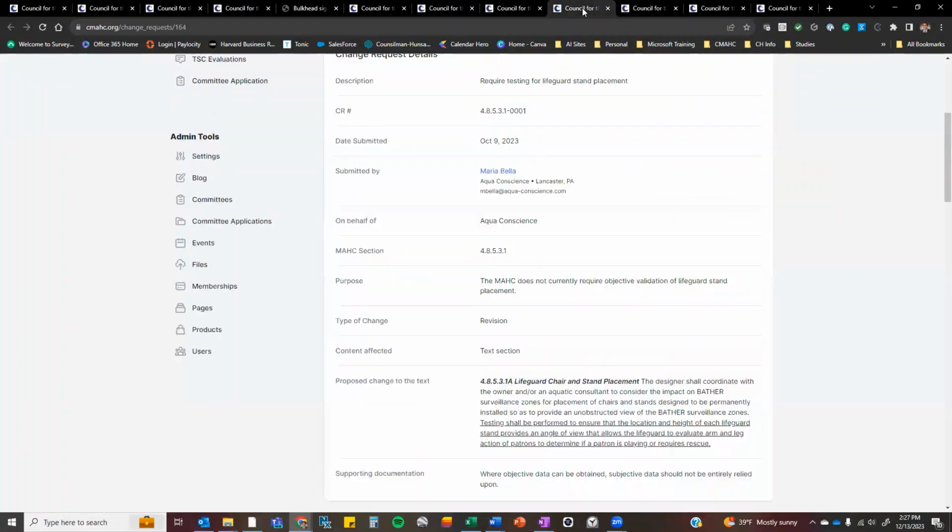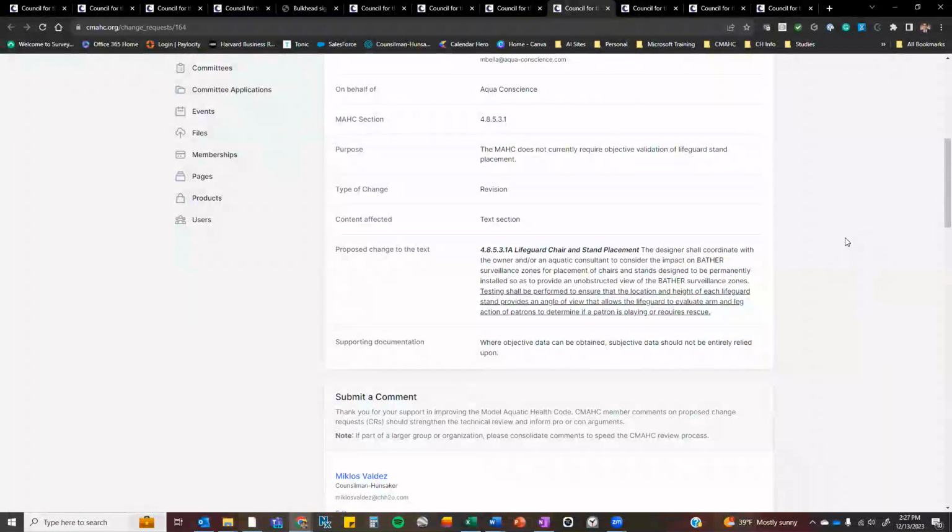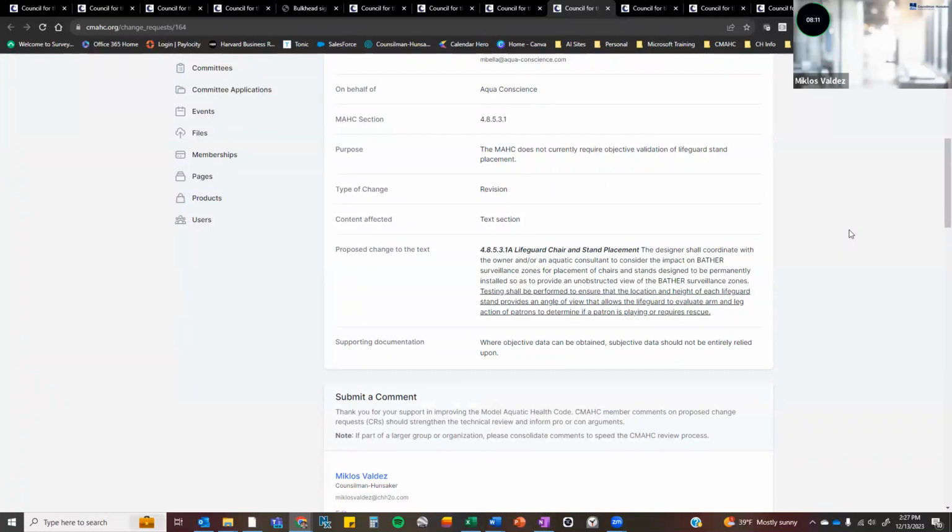Yeah, in the MAC it already says it is intended that the designer should be working with an aquatic consultant, the owner or operator, to make sure that the location of the chairs and stands allows for clear line of sight. Correct. So it's already in there that they need to be able to see everywhere.